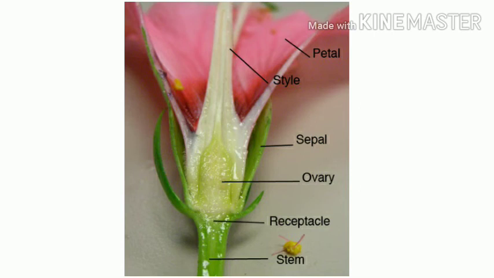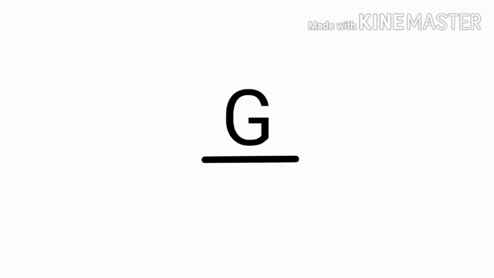Such an ovary is called a superior ovary, because the gynoecium in these flowers occupies the highest position. So I hope this is clear. For a hypogynous flower, the ovary will be superior, and all the other parts will arise from below the ovary. It is represented with this symbol showing that the gynoecium is superior.